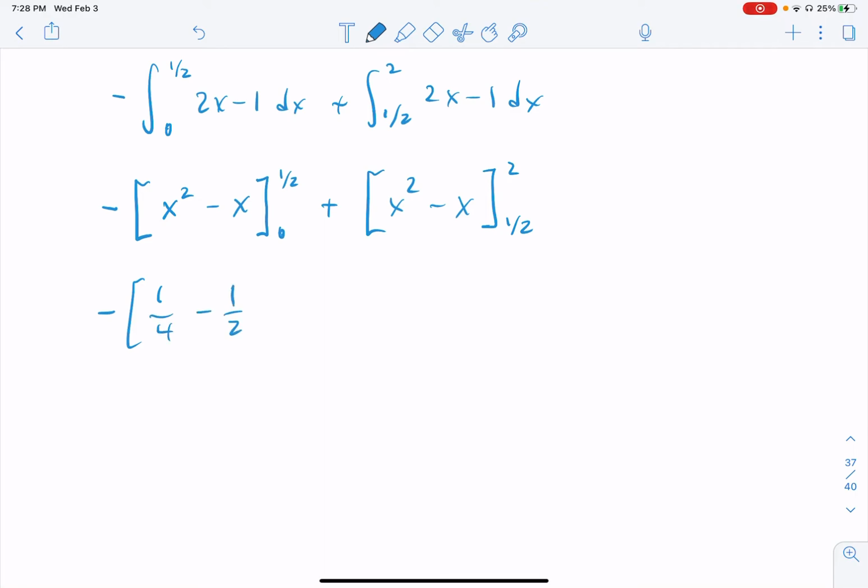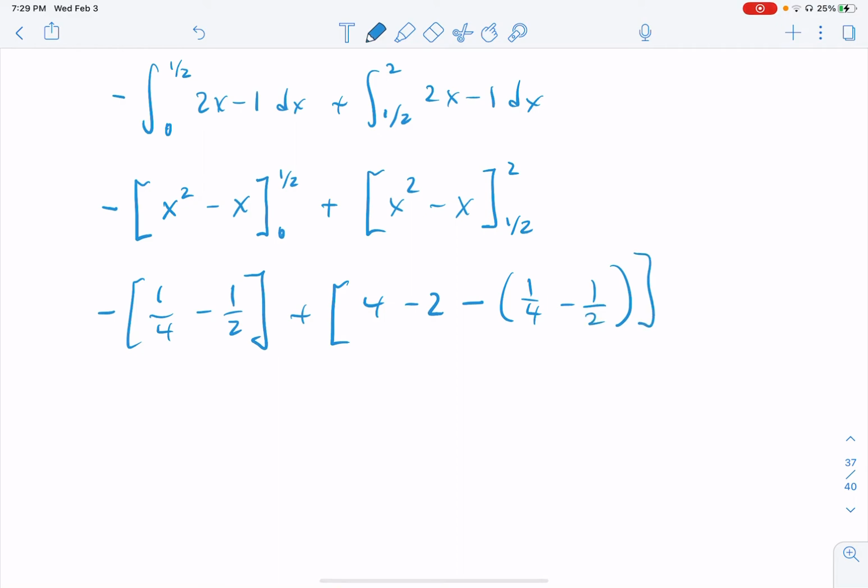And then I don't have to worry about the 0 because I plug 0 for each of these things. It's going to be nothing. Plus, now we're not quite as fortunate on the other one. Plug in the 2 there. 2 squared is 4 minus our 2 minus, and then I have to do the same thing with the 1/2. 1/4 minus a half. Right, and you notice I put some little parentheses there so I can remember to distribute.